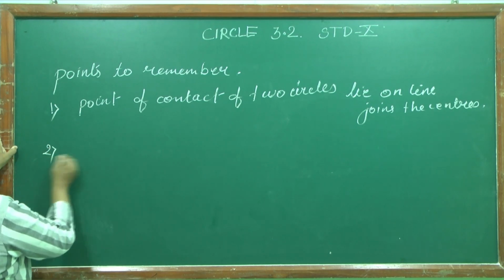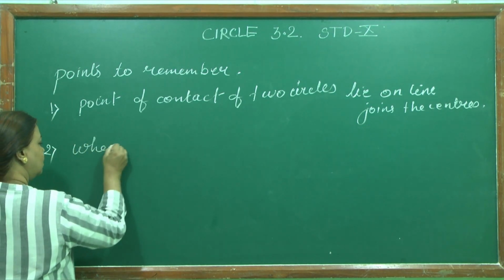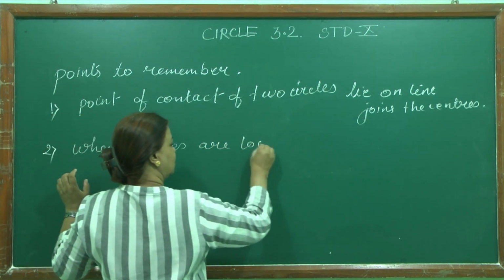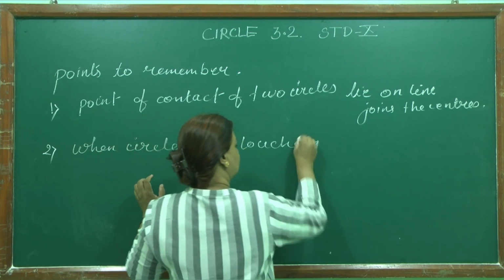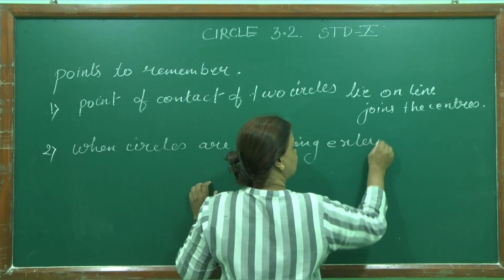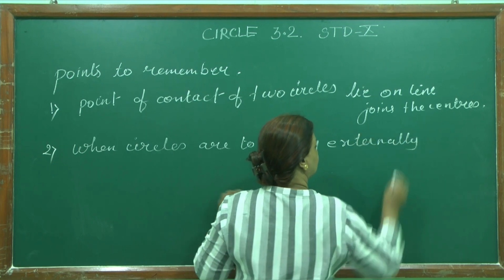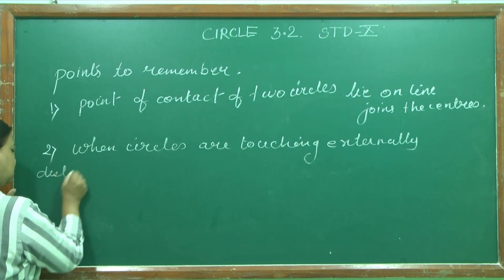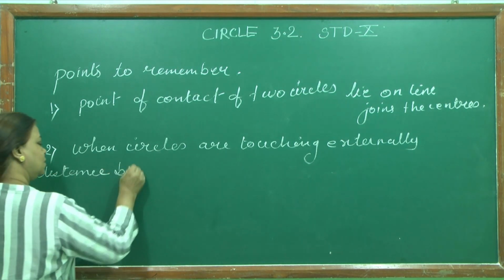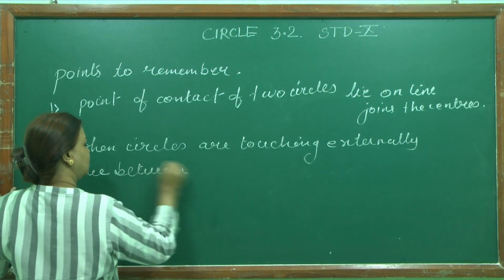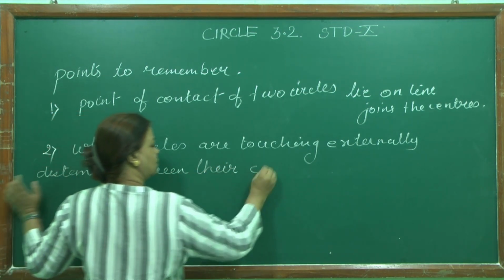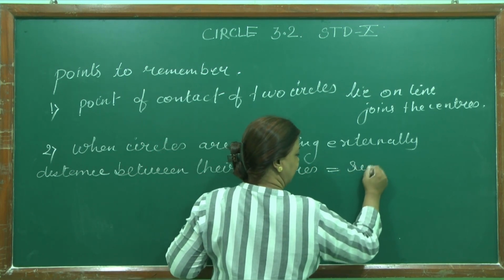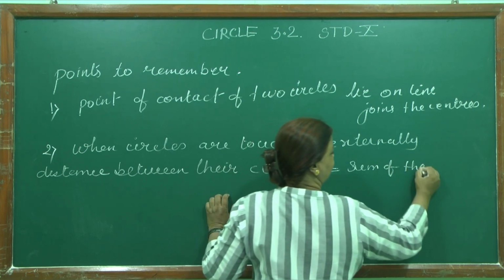Secondly, when circles are touching externally, the distance between their centers is equal to the sum of their radii.